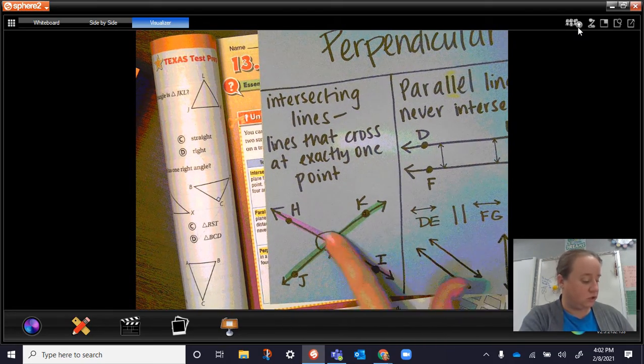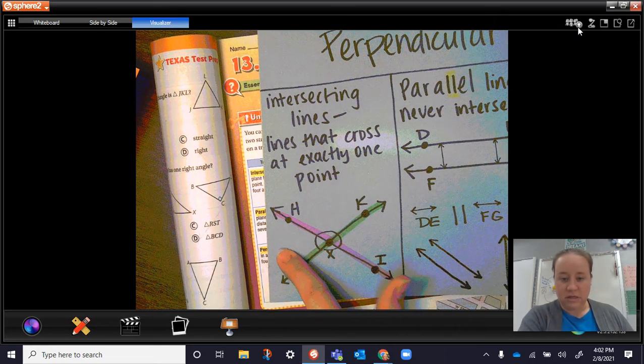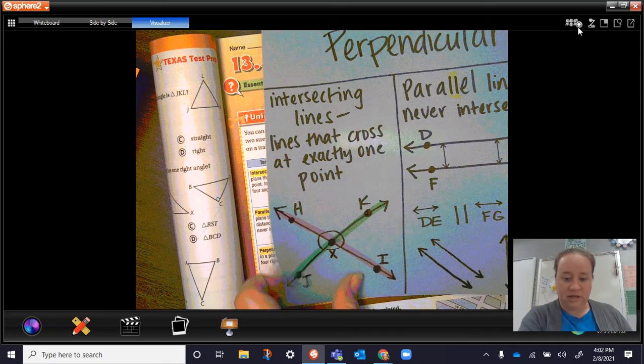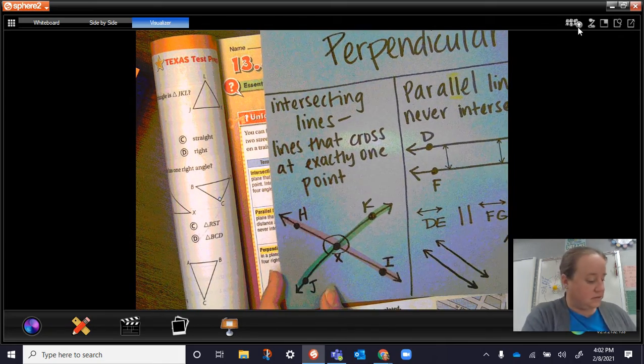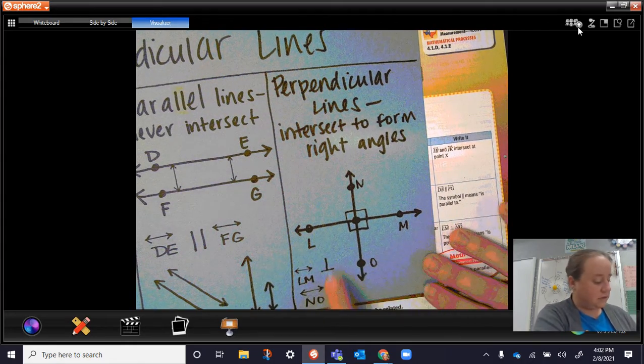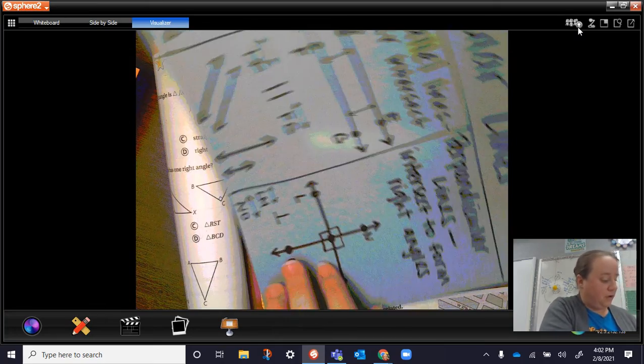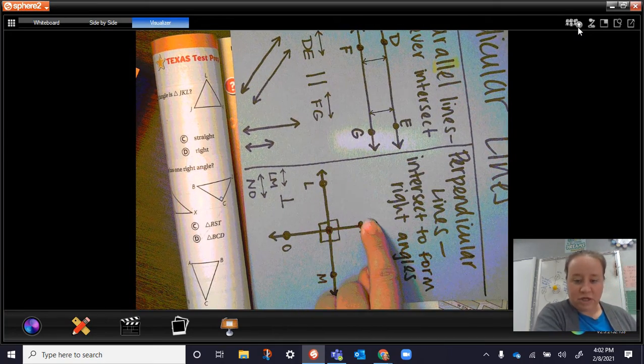This would be obtuse, obtuse. These would be acute and acute. So these are lines that cross, and the other lines that cross are perpendicular lines. But look at the difference: these make that L shape. If I continue to turn my paper, they continue to make that L shape.